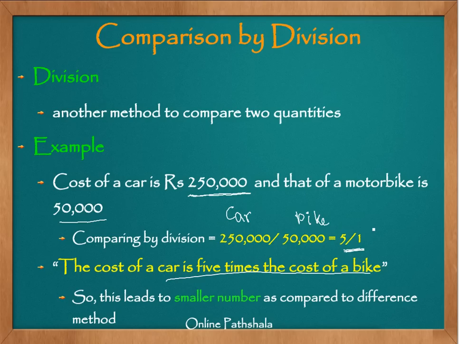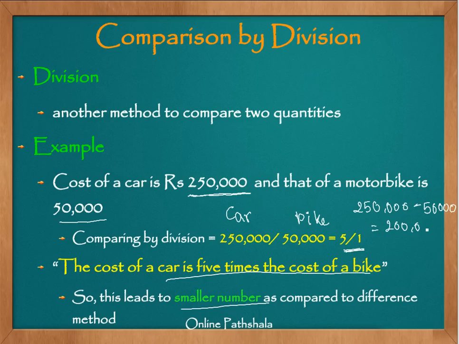First quantity, second quantity. And now if you see here, this leads to a smaller number as compared to the difference method, which means that we just have to deal with numbers 5 and 1. If I were to take difference, in that case we would have done 250,000 minus 50,000, and this would have led to 200,000.